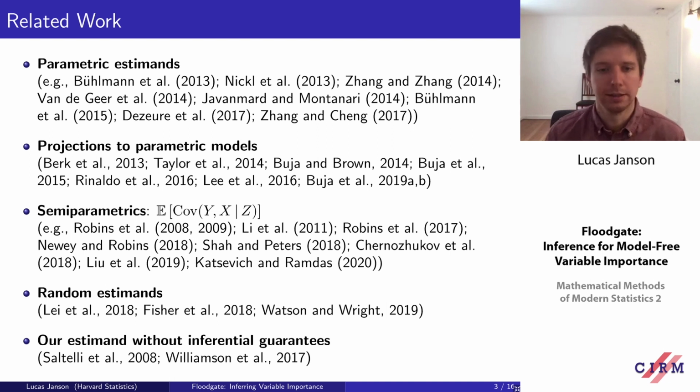They did consider the exact measure of variable importance that we consider, and they did think about inference, and they have a really interesting method inspired by semi-parametric inference. However, their method actually doesn't hold under the null. So if your measure of variable importance is 0, if you have a null variable, which I think we expect, especially in high-dimensional cases, to be most of the variables, their inference guarantees don't hold. And so I think in practice, this would be hard to use.